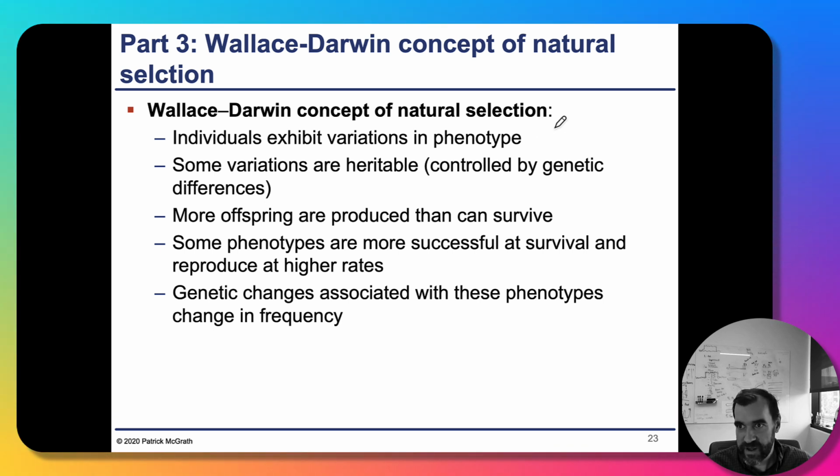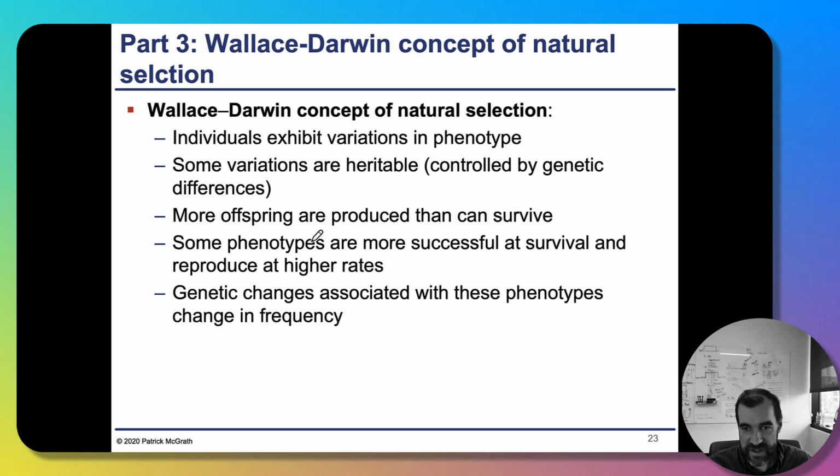One of the things that Darwin talked about were Darwin's finches, where different birds would have different beak sizes, and that could impact whether or not they could eat certain seeds. If these variations are heritable, controlled by genetic differences, then the individuals that have large beaks that allow them to feed on particular seeds, their offspring might be more likely to survive in situations where those seeds are present.